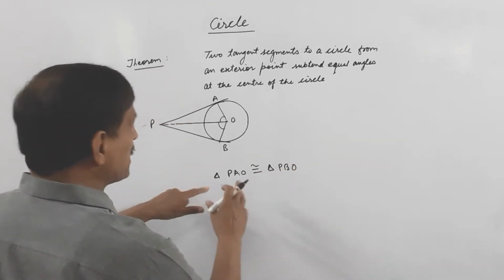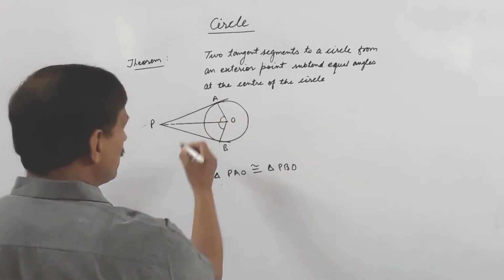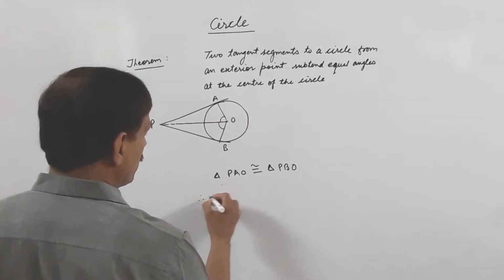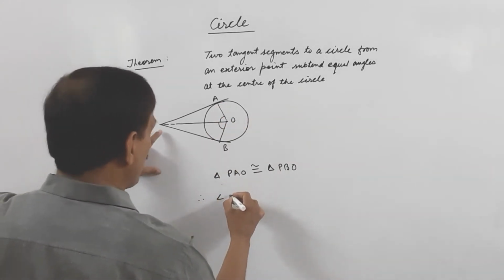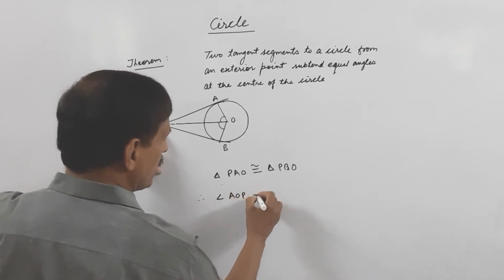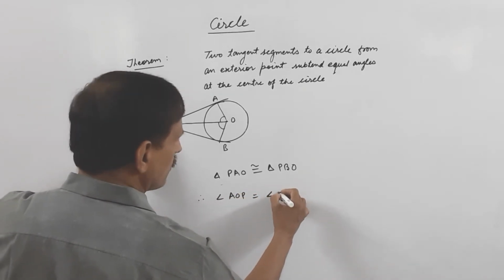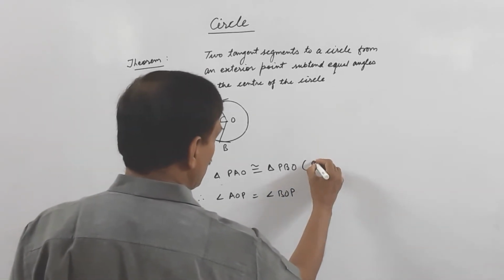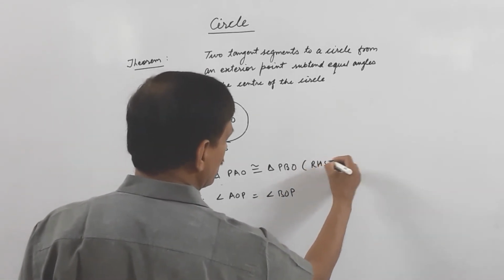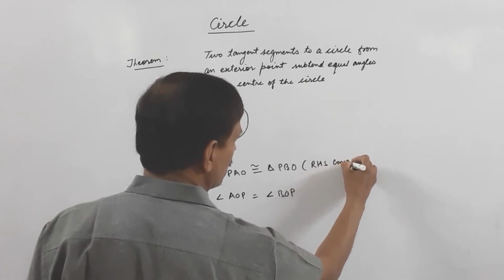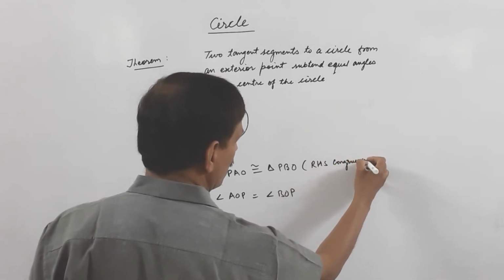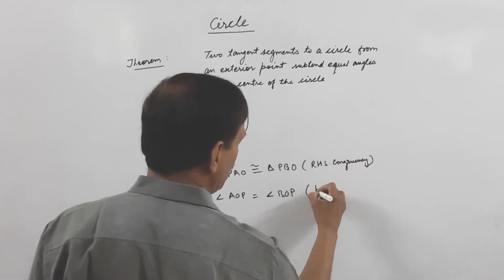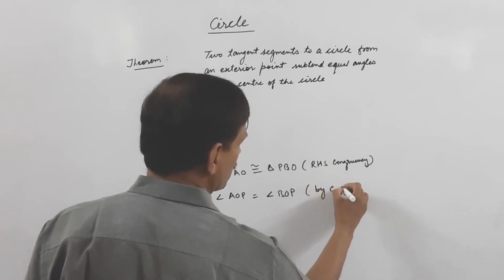And then by CPCT, therefore angle AOP is equal to angle BOP. This is by RHS congruency, and this is by CPCT.